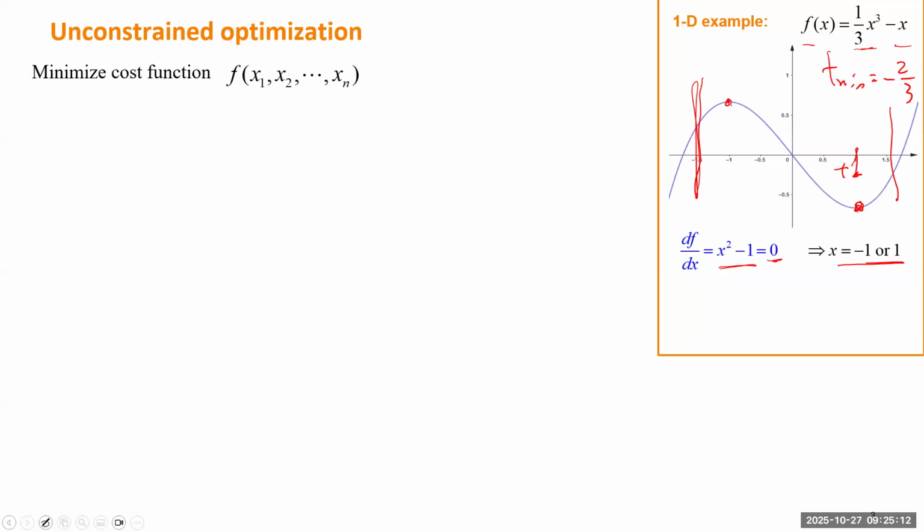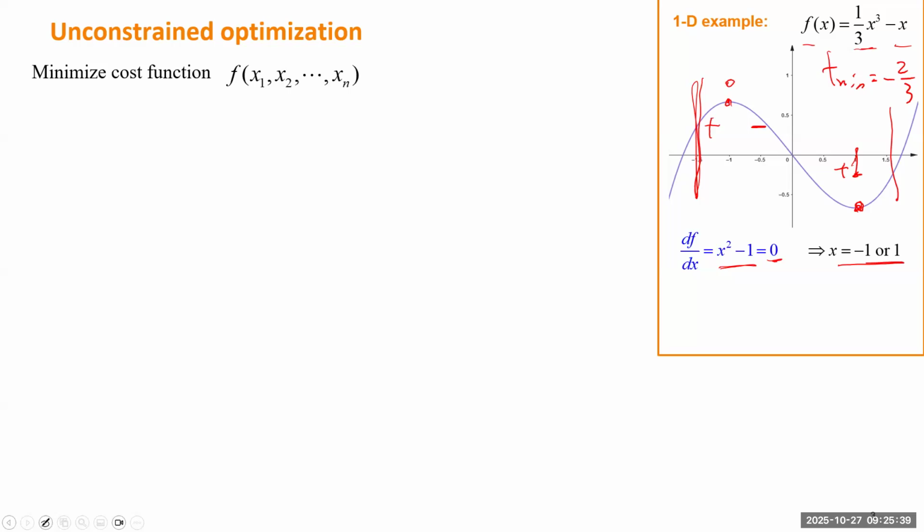But definitely it can be a maximum, it can be a minimum. How do we differentiate the maximum from the minimum? We can investigate the slope near that point. At the maximum point, the slope on the left-hand side is positive, on the right-hand side it becomes negative, and at that point the slope is exactly 0.